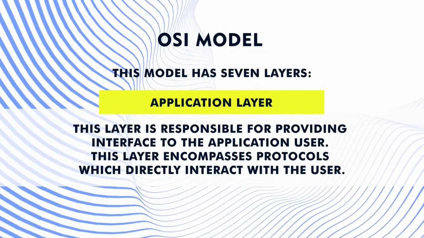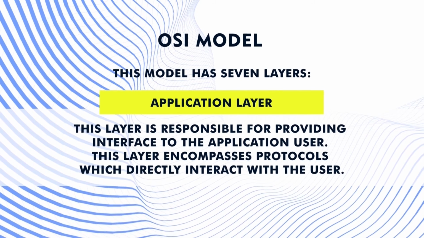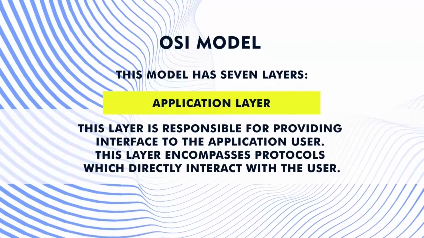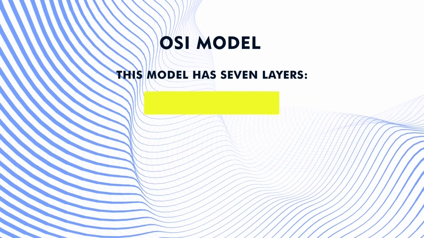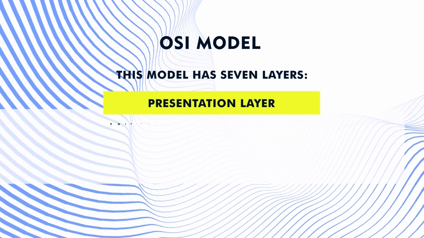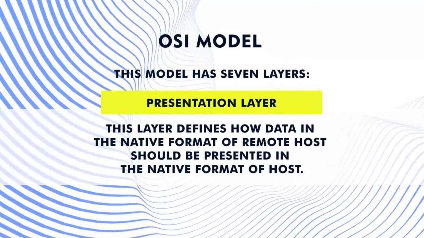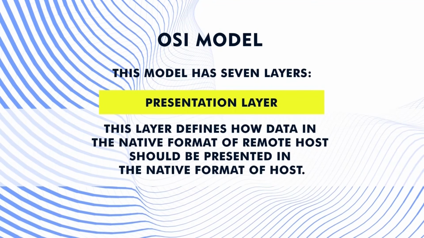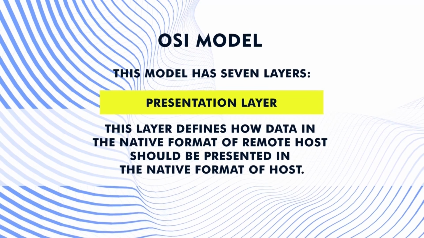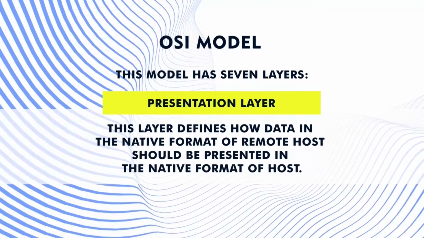This layer encompasses protocols which directly interact with the user. Then comes the presentation layer, which defines how data in the native format of the remote host should be presented in the native format of the host.